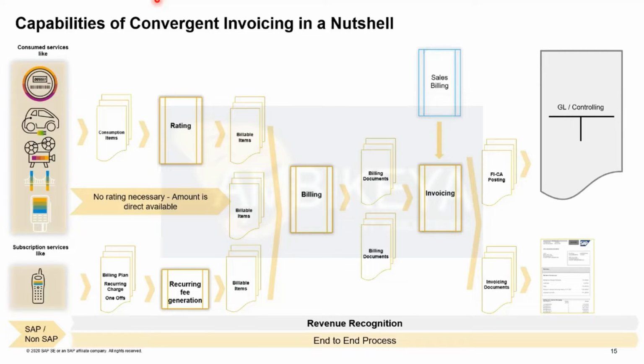And in the evolution of the entire BRIM end-to-end solution based on FICA and together with CI, we had a wide range of SAP customers across all industries that contributed to the development and features and functions of convergent invoicing and also of FICA. They contributed with their requirements, with their questions and their ideas.